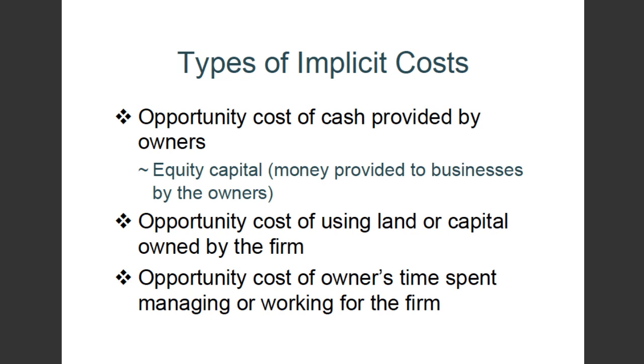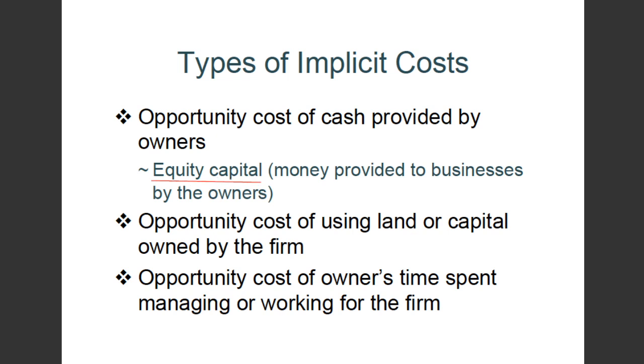So there are three broader categories of implicit costs. Let's say the private hospital has identifiable owners or shareholders. The investments, or the shareholder value, of those stakeholders is known as equity capital.